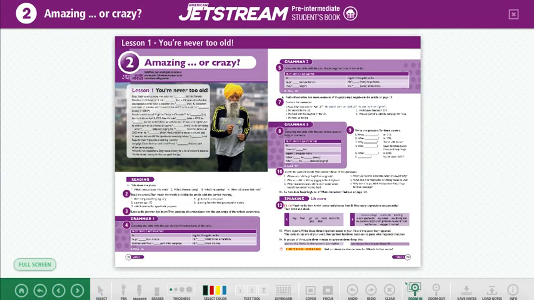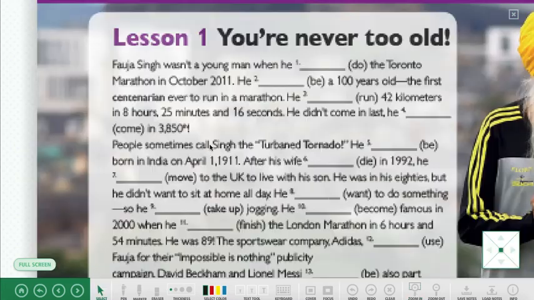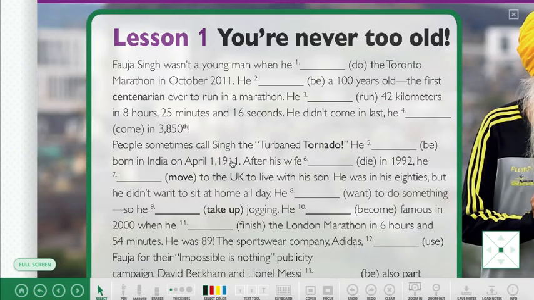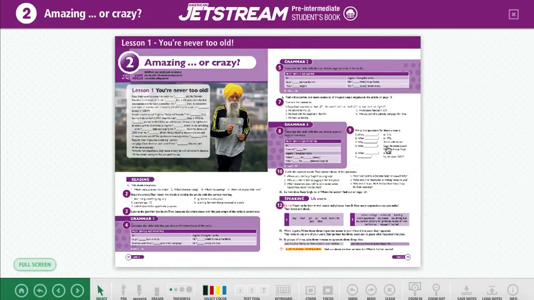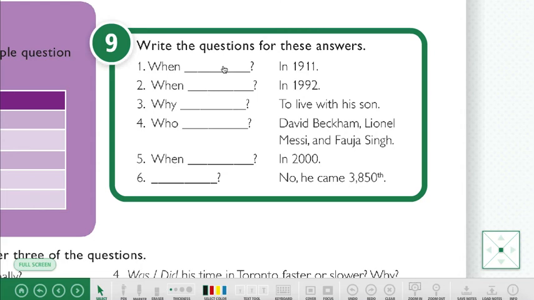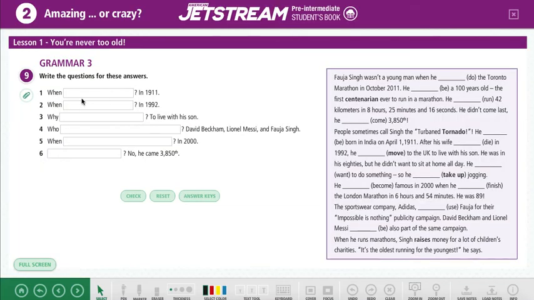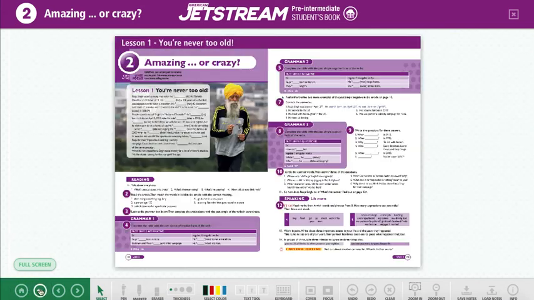Well, I go to the article one more time and I am going to look for this. Okay. What happened? He was born. Okay. So the question is going to be something like ¿cuándo nació? For example, because this is ¿cuándo? Do you remember? That's the idea. You are going to write the questions over here.